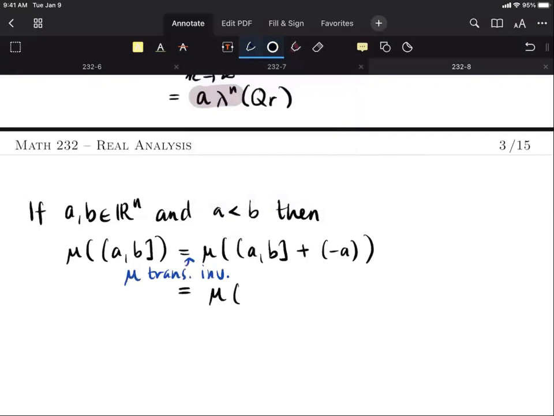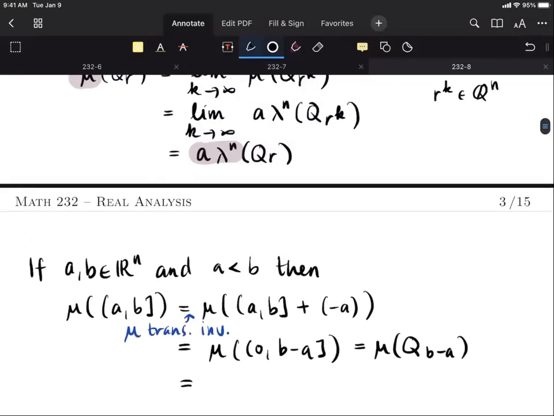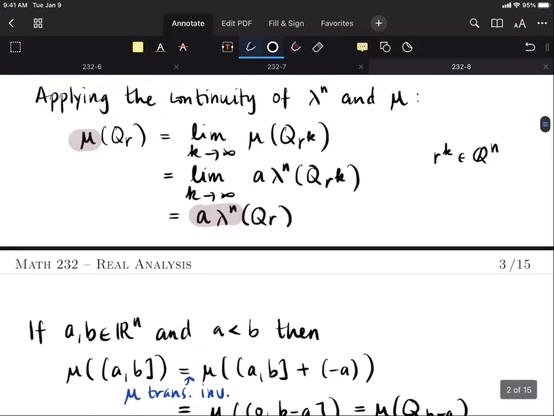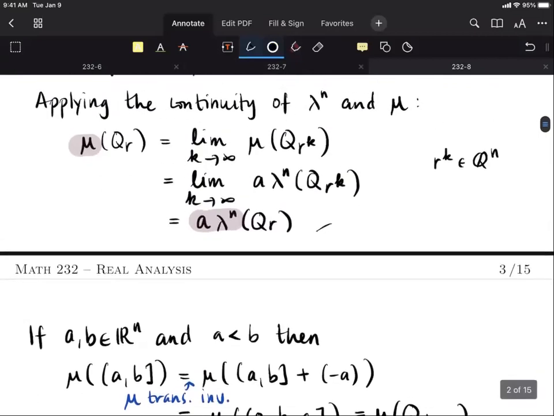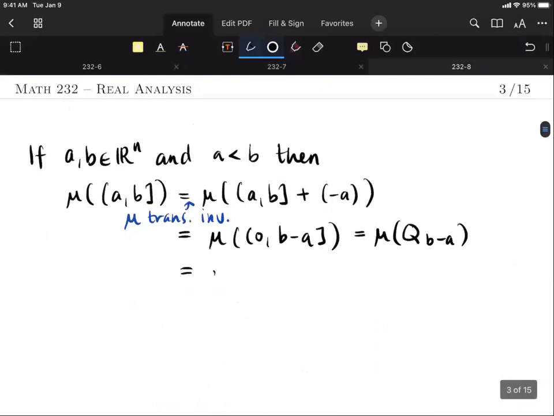So performing this sum is basically the translate. And this is the cell Q having endpoints corresponding to the components of the vector b minus a. And we know from this step here that this is equal to a lambda_n of Q_{b-a}.